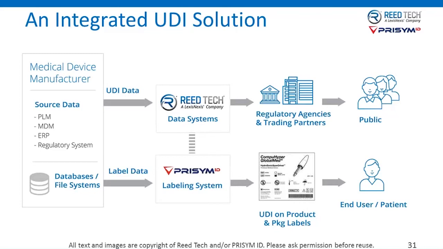So the idea here is that you can use an interface between these two systems to actually ensure that the data that is submitted to the UDI database is synchronized with the information that's held in the labeling system itself. So you know that when that data goes onto the label and ultimately going right to the right-hand side of the diagram out to the end user or the patient, then that data synchronization can be assured.